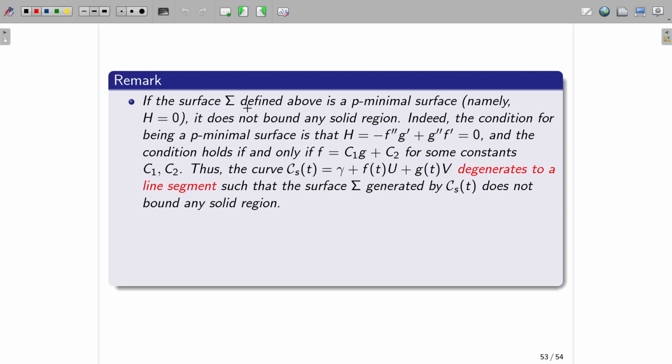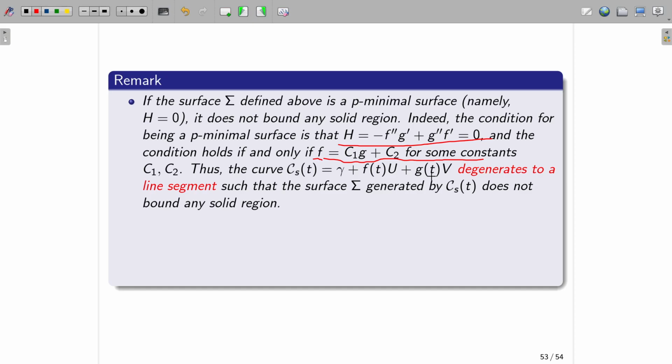So finally we put some remark. We say that if the surface sigma defined above is a P minimal surface, okay, minimal surface means h equal to 0, it does not bound any solid region. Actually, the condition for being a P minimal surface is that h equal to this guy has to be 0, but this identity holds if and only if there's a relation between f and g for some constant.